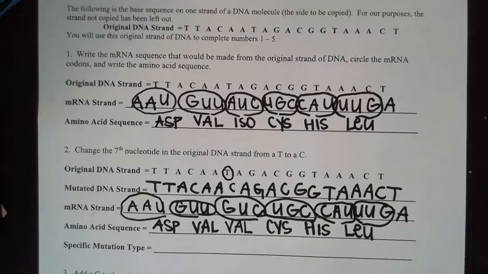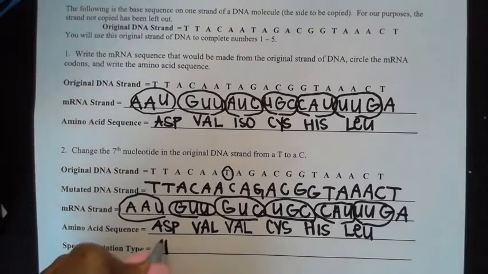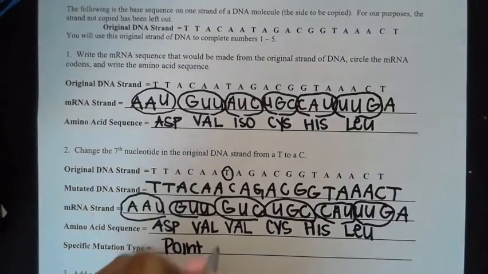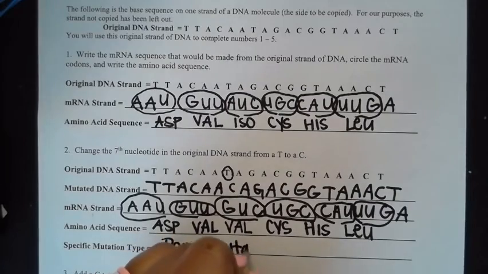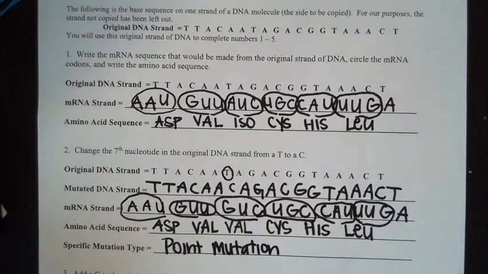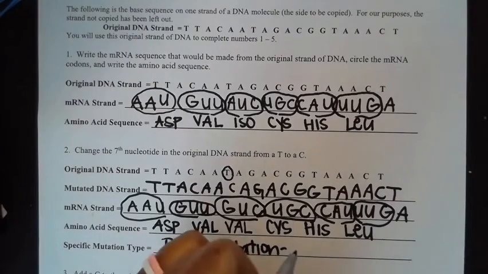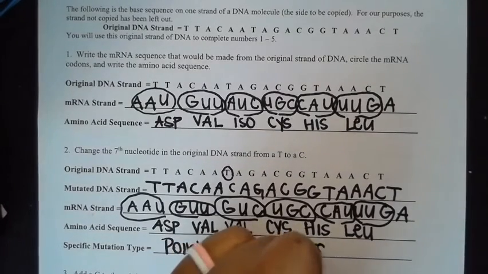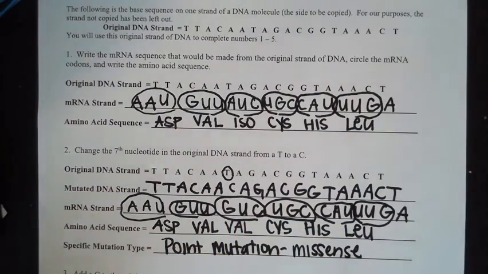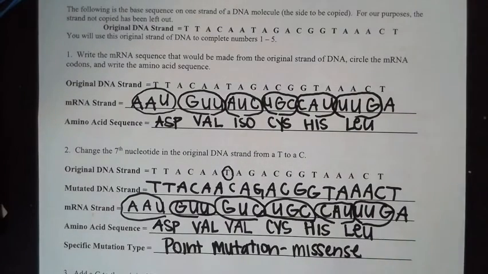It's a point mutation. And the type of point mutation that we talked about that does this is a missense. Okay. So that's how you do that work. You're using your notes from yesterday along with your prior knowledge of protein synthesis.